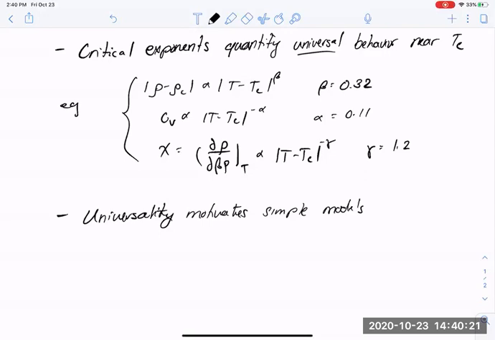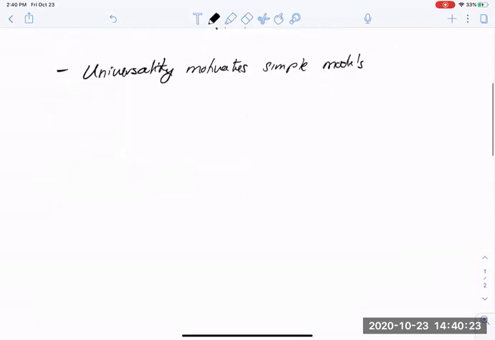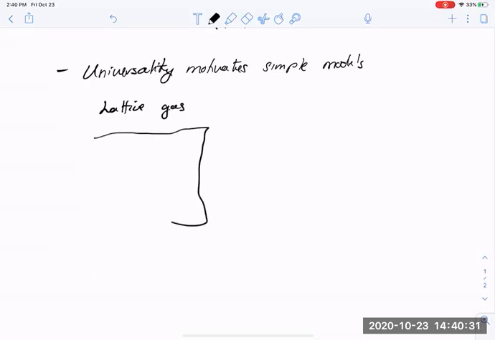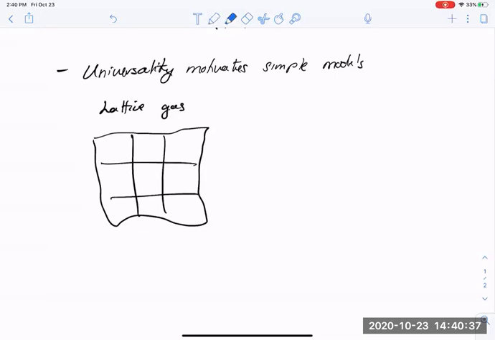In the context of the liquid vapor transition, we've introduced the so-called lattice gas. If I was going to look at a snapshot of the lattice gas, this would be some lattice. So we've gridded up space. In some of the cells, I would find particles.